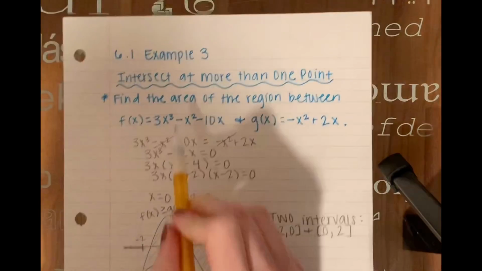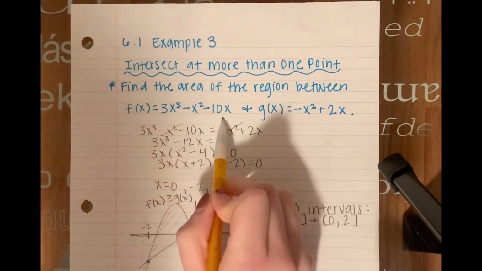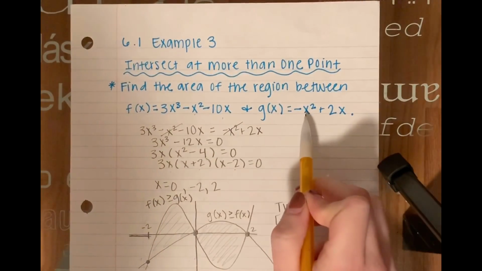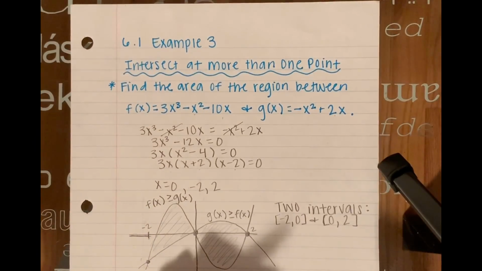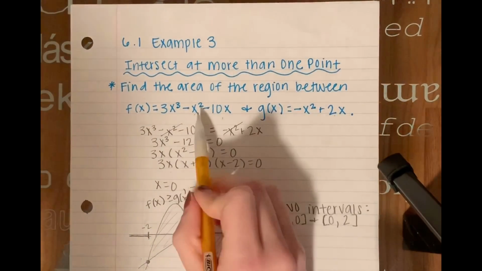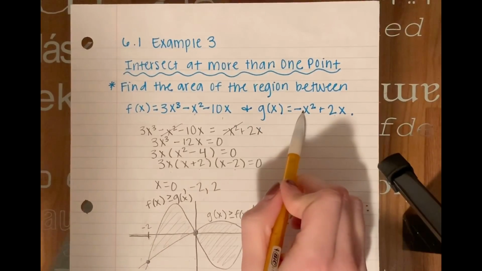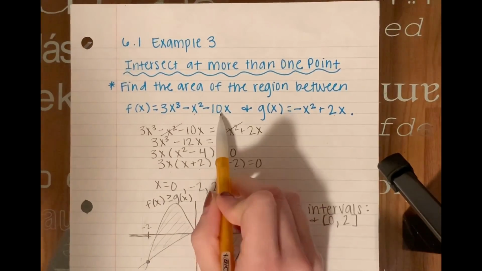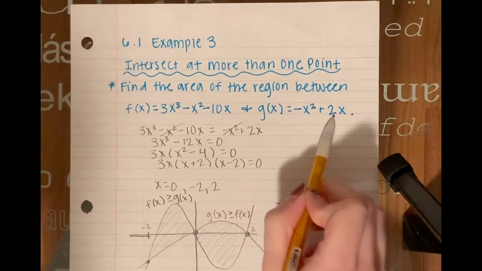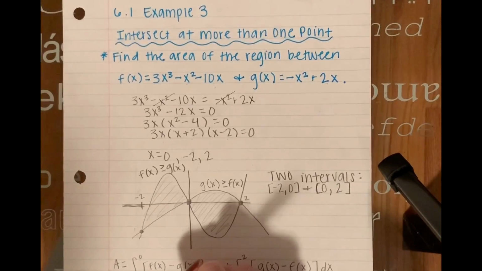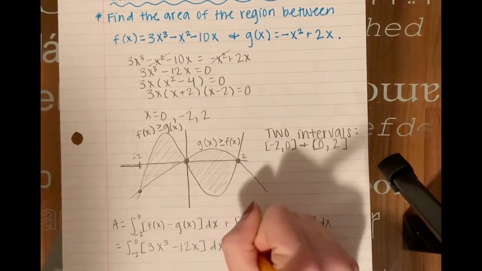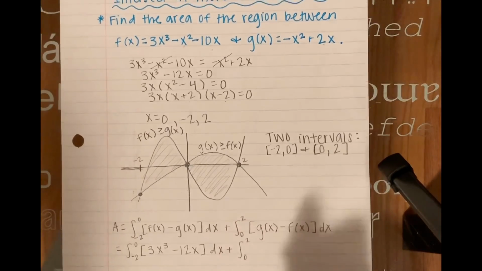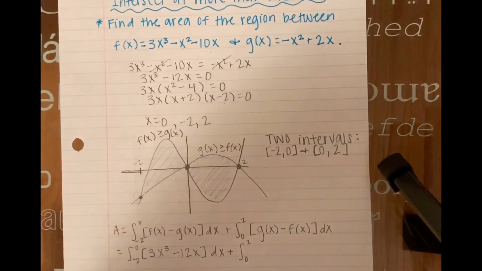we'll have 3x cubed minus x squared minus 10x plus x squared minus 2x. So the 3x cubed will be the same. Negative x squared plus x squared will go away. Negative 10x minus 2x will be minus 12x. Then from 0 to 2, it'll be g of x minus f of x.